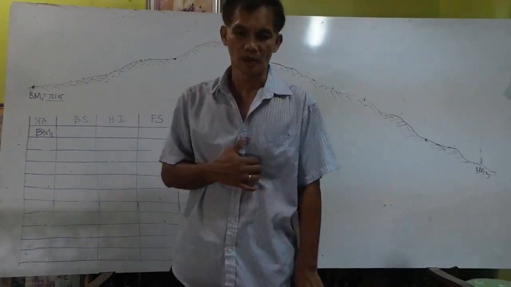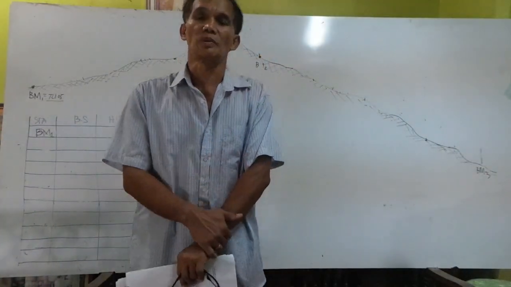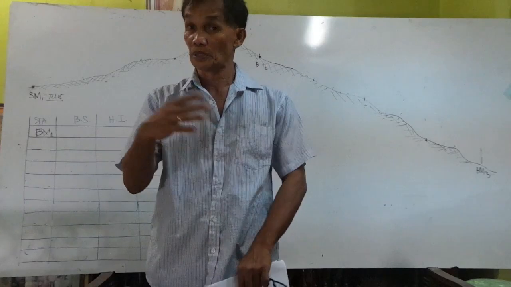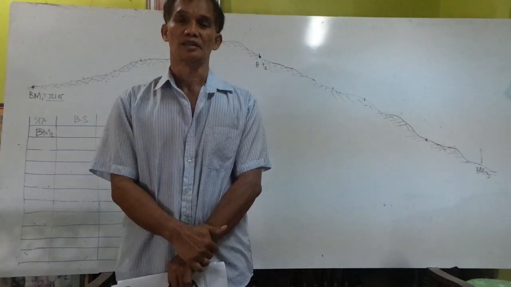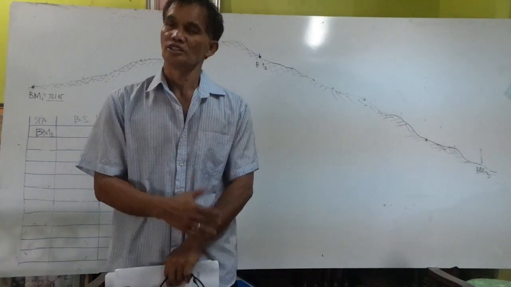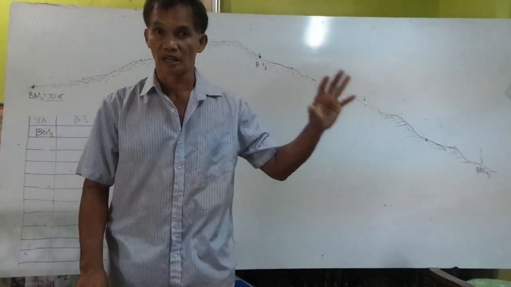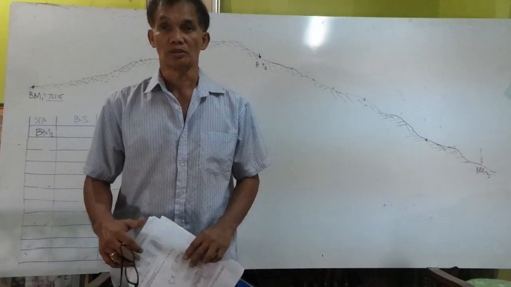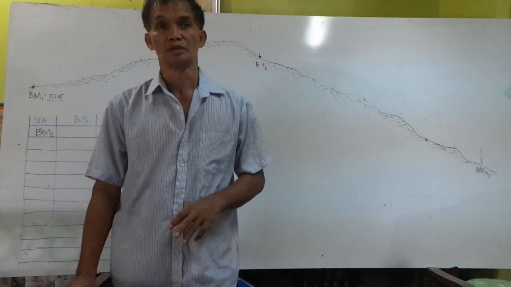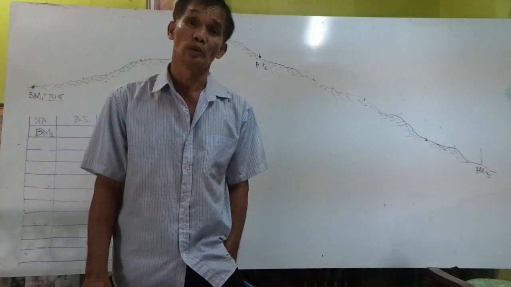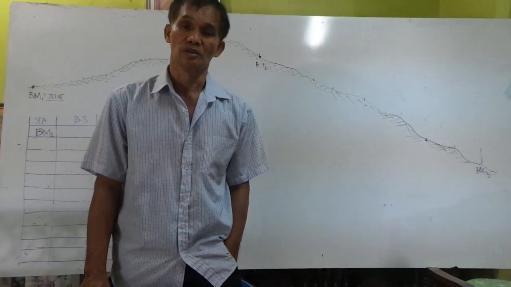Okay, class, we will now learn how to establish a benchmark from a given established point, established elevation, or another benchmark. This is done in order to determine another benchmark that is nearer to the construction of the road, or those areas where you want to know the elevation.